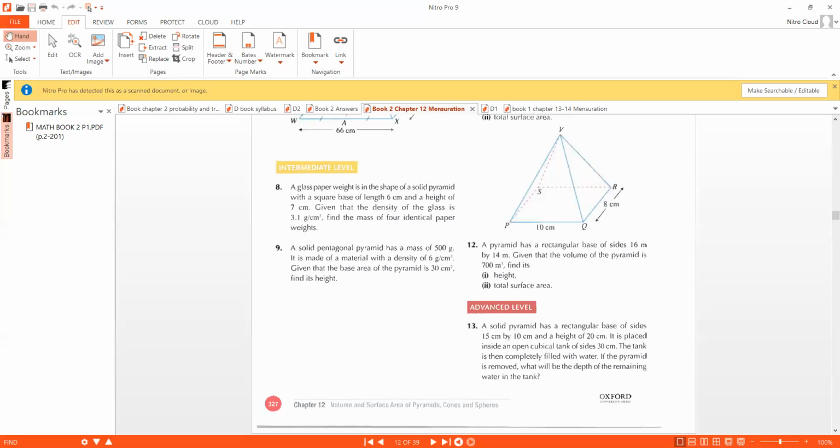So you do 16 times 14, which is 224. Then 700 multiplied by 3 and divided by 224. So the height is 9.375. Very nice. Very good.